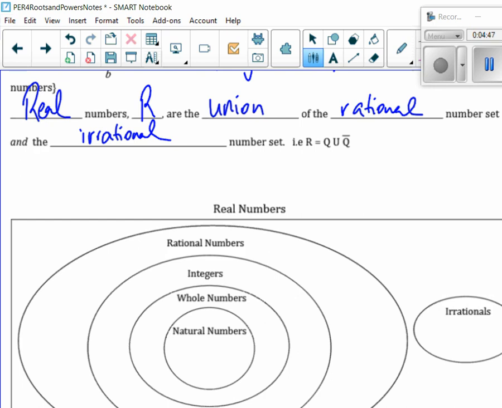And can you give me an example of an imaginary number? Actually, infinity isn't a number, so I need a number that's imaginary. No, pi would be irrational. The square root of 7 would be irrational.